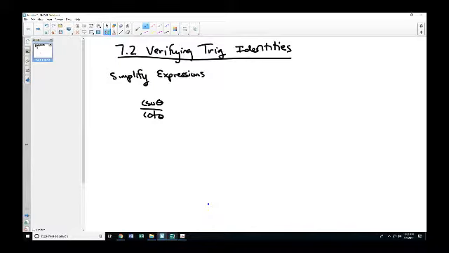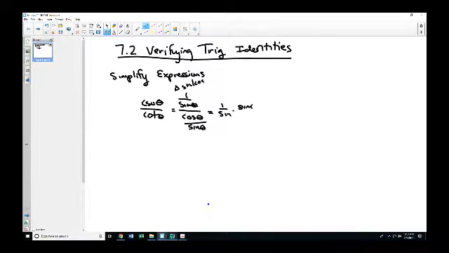So you go through the steps. That will be changed to sine and cosine. And then we do some fraction math.